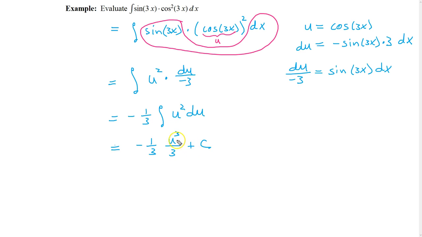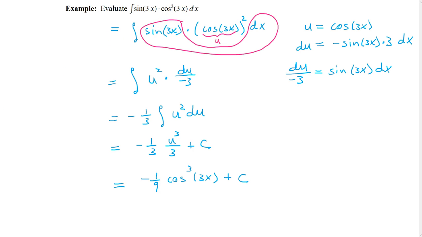And we can clean this up a little bit and put what u is in terms of x back in place of the u here, and we get and there is the indefinite integral of the sine of 3x times cosine squared 3x. And you can check if you differentiate this, you will get back our integrand up here.